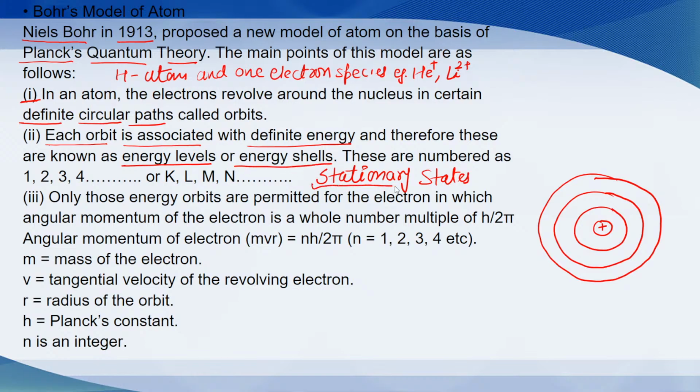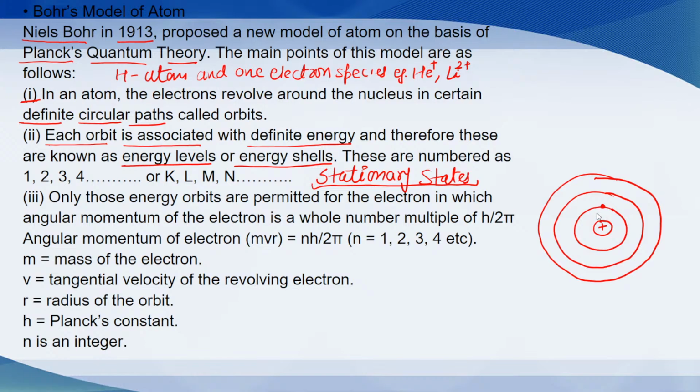And why are they known as stationary states? Yes, tell me. Because each orbit is associated with fixed energy. It means as long as the electron is revolving in the same orbit, its energy remains the same. It will not change. It is fixed.